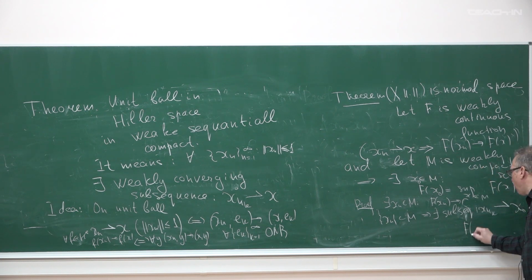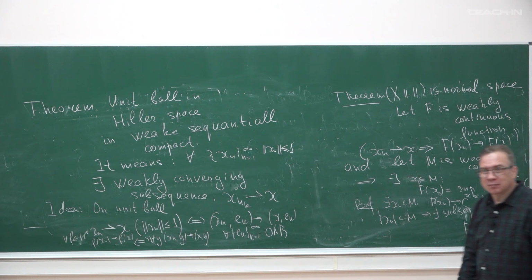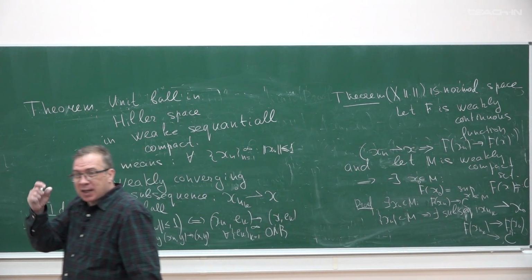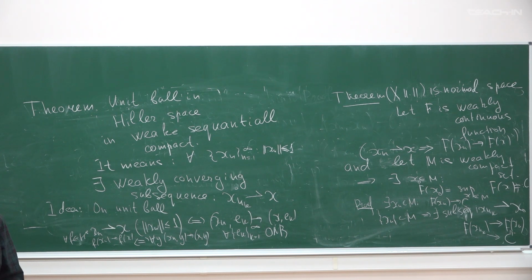So F of xnk tends to F of x0, and simultaneously it tends to C, because it is the supremum. So immediately what do we obtain? We have constructed an element on which a weakly continuous function attains its maximum on a weakly compact set.